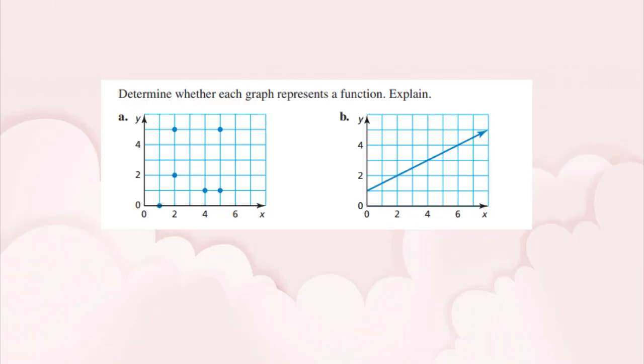Now let's determine whether each graph represents a function. Does A represent a function? Is it a function or not a function? Not a function. What is touching? The 2s and the 5s, when you look at it, are going to be touching, so it's not a function.